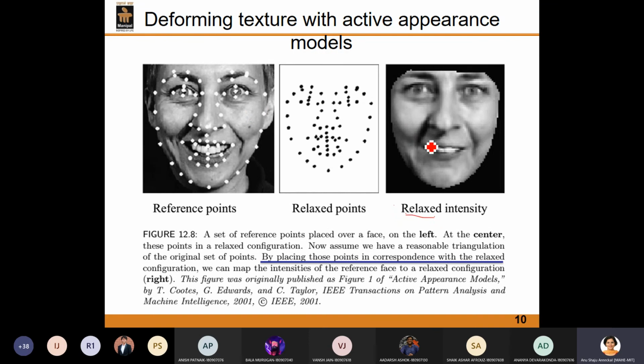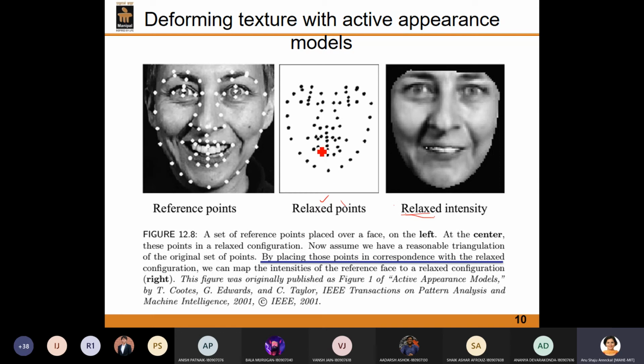So I'm trying to reduce the smiling and create an image with a relaxed expression, right? To go about that, I have the reference points in the particular image, and these relaxed points are basically my target.